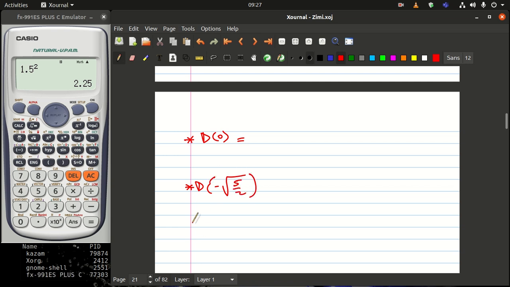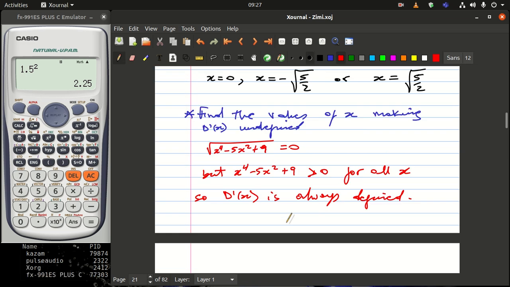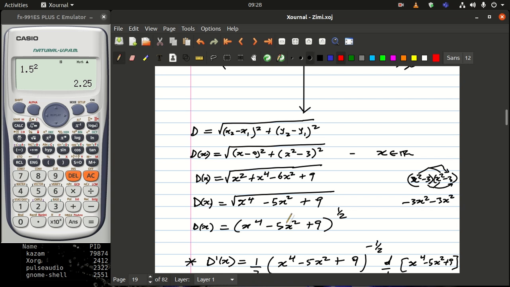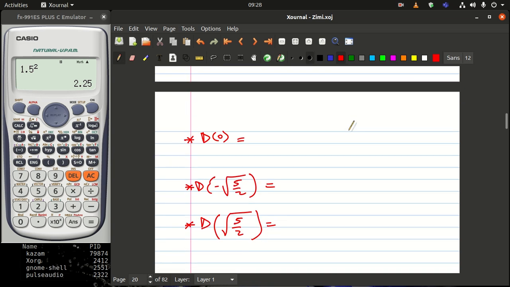And then the third thing is we want to find the distance when x is equal to the square root of 5 over 2. That's what we actually end up looking for. And then when x is equal to 0, we go to the function there. So we will find out that in this function here, once I plug in, where's the function? This one here. I will get 0. So this is actually the function. Let me write it here.